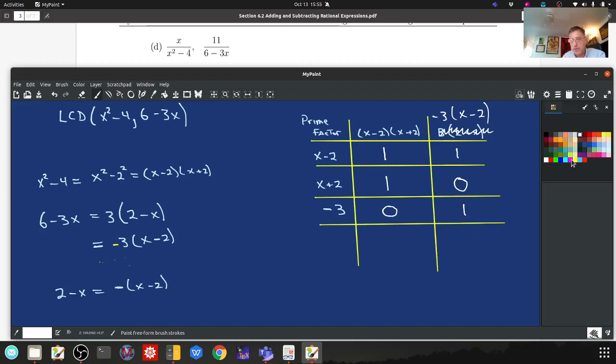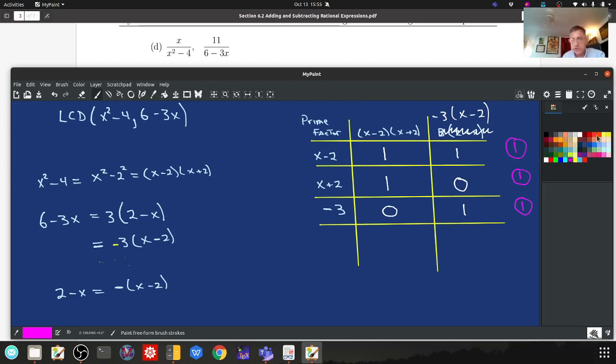So again, we want to record the largest number we encounter in each row. The smallest number is always going to be 1. You're never going to have zeros. We had zeros when we were looking for the GCF, but here we're never going to have zeros. Every number we have in this part is always going to be greater than or equal to 1.